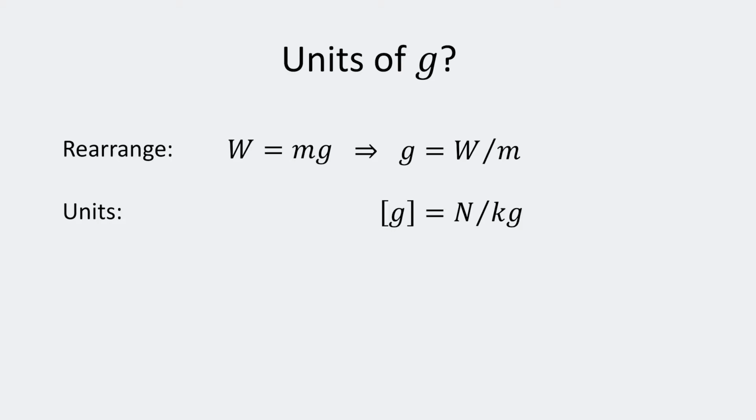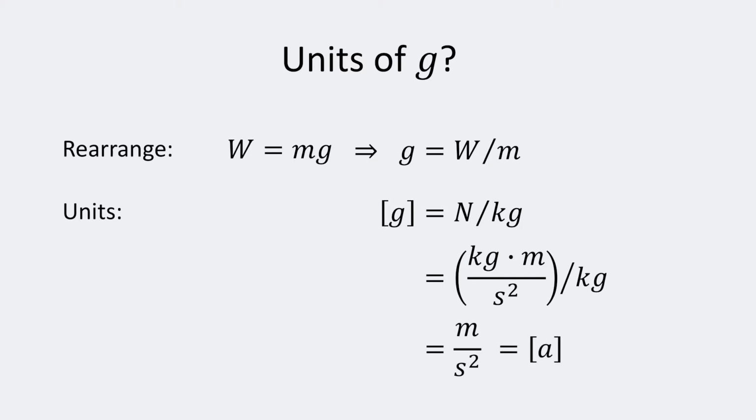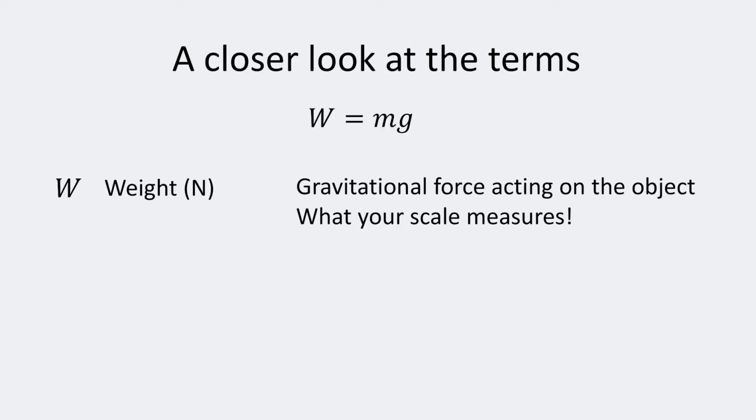And if you recall, newtons is actually itself given by kilogram meters per second squared. So if we divide this by kilograms, we end up with meters per second squared, which is of course the same as for acceleration.